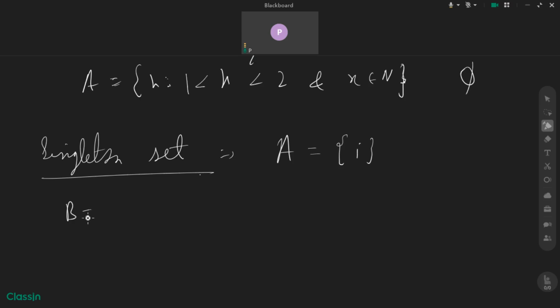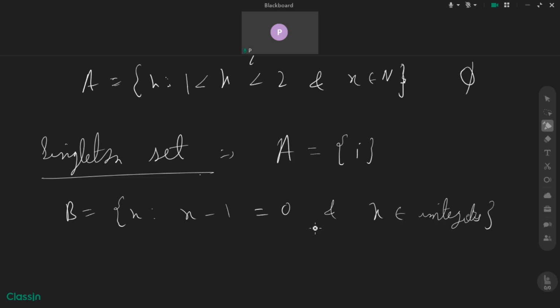Let us say I have a set B equal to the set of all x such that x minus 1 is equal to 0 and x belongs to integers.